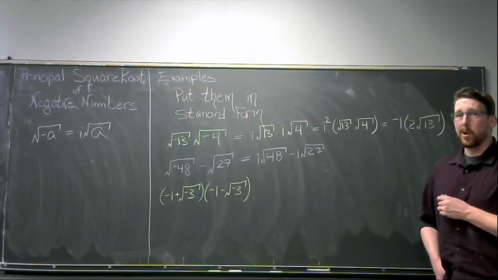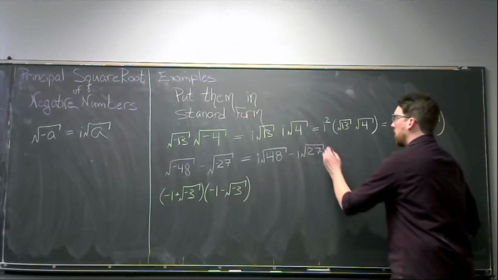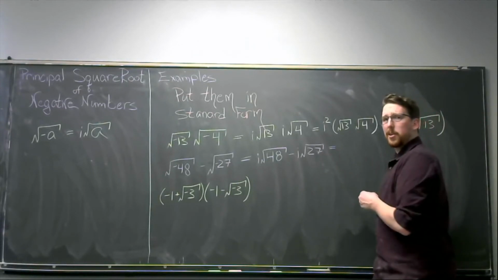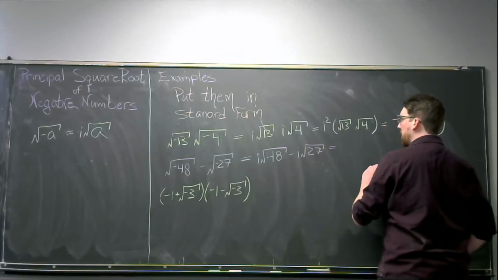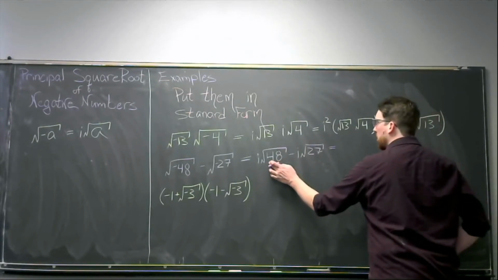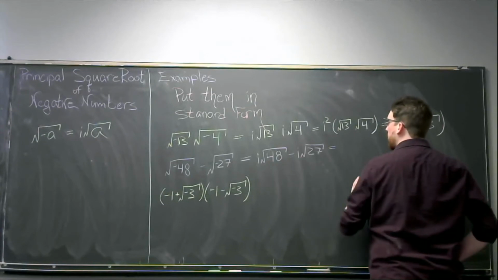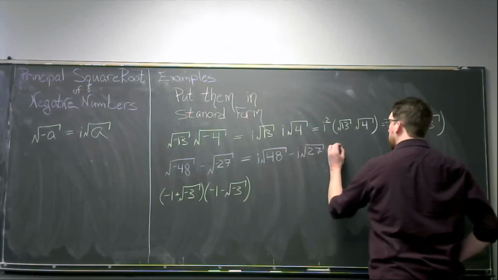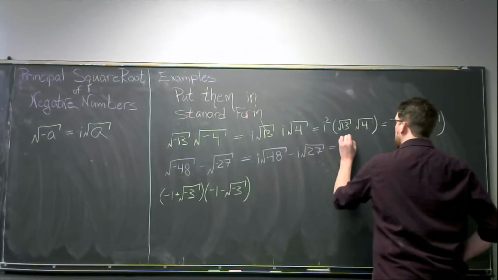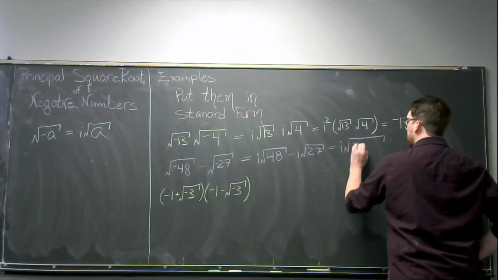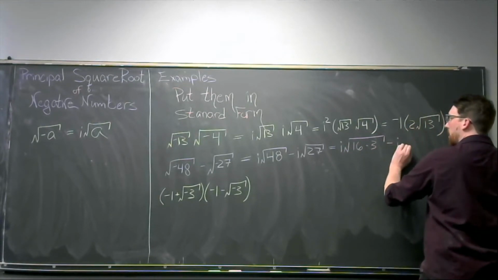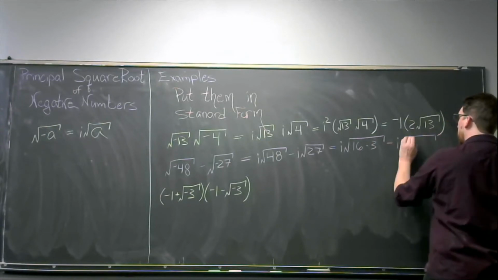Both of those numbers are perfect squares. So we're going to get some cancellations coming out of this. Let's see what I mean. Here, let's actually divide this by 16. I have i times the square root of 16 times 3 minus i times the square root of 9 times 3.